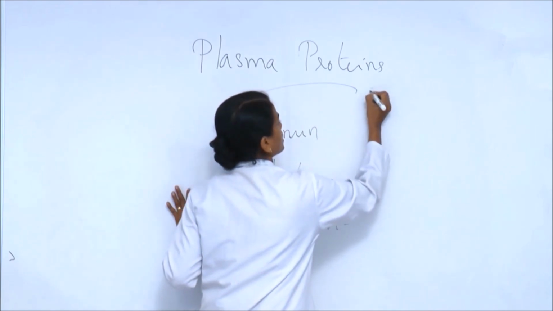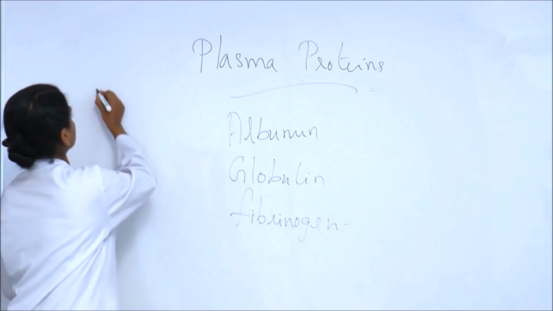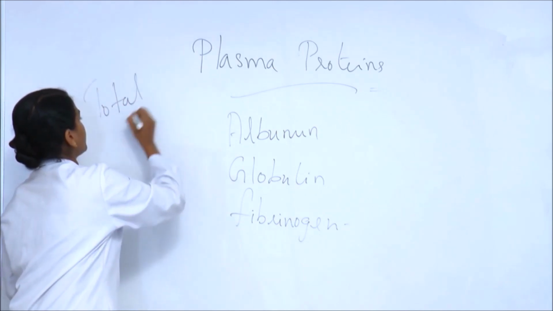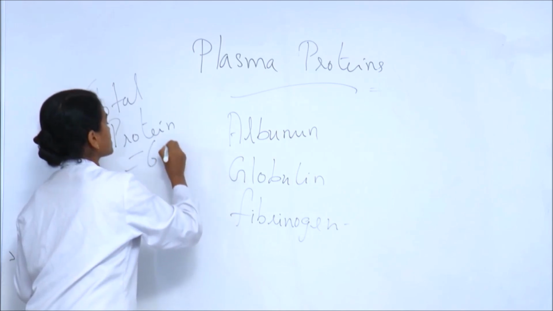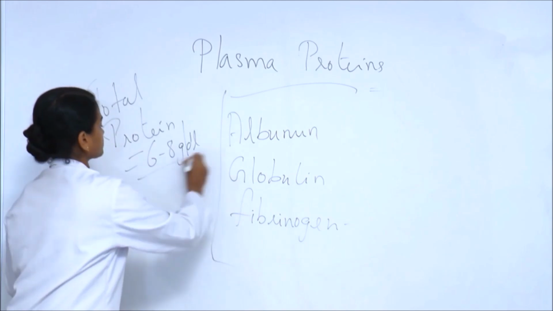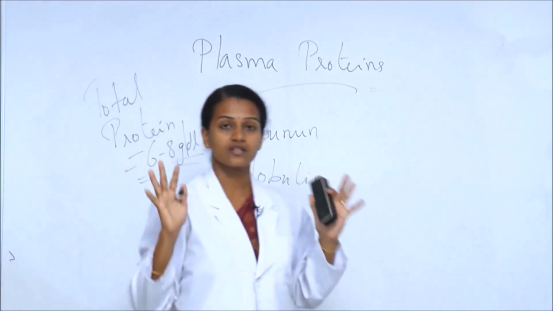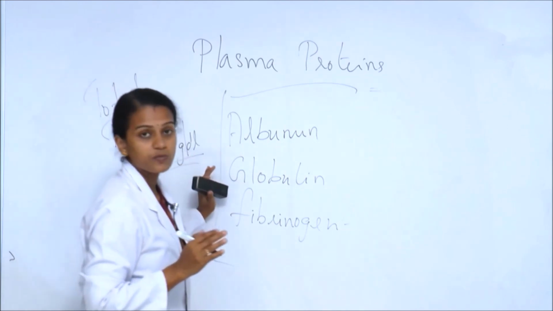Now, what is the total protein concentration? Total protein concentration, that is all these protein concentrations together, will be about 6 to 8 grams per deciliter.